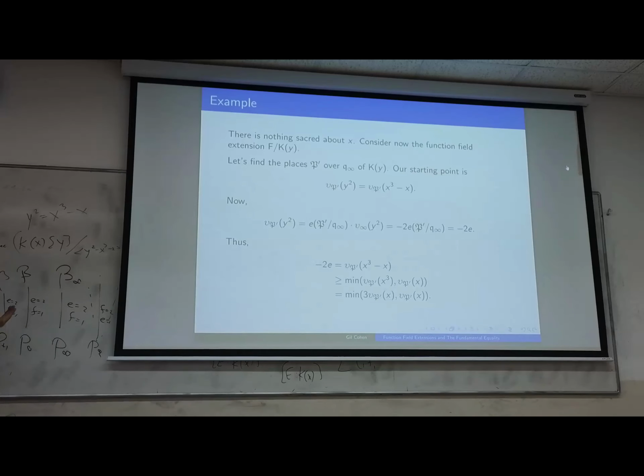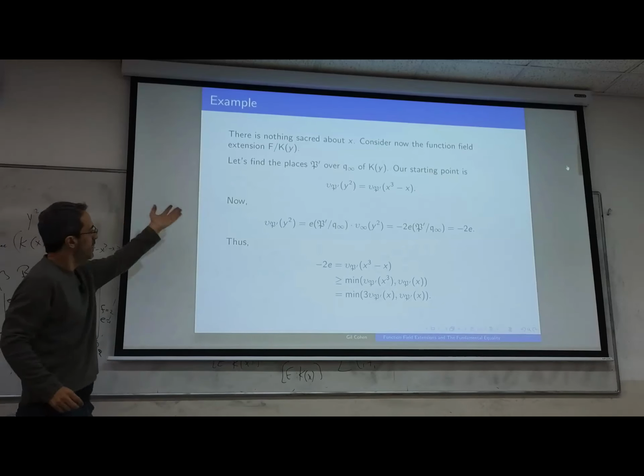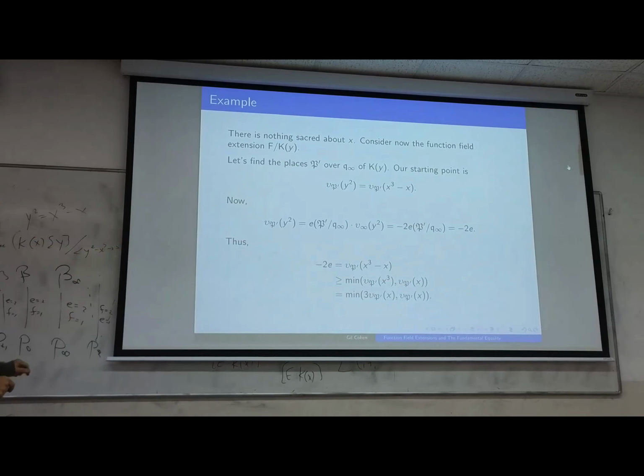Because when you extend from k of y, these will technically also be places of k of y, because it's also a rational function field, but it's not the same P1. It's like the P1 corresponding to y minus 1, not to x minus 1. So you can choose which one you are taking. So for example, let's do that example also, just for fun.